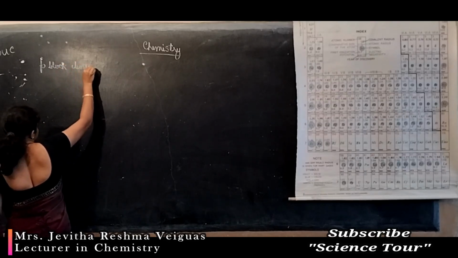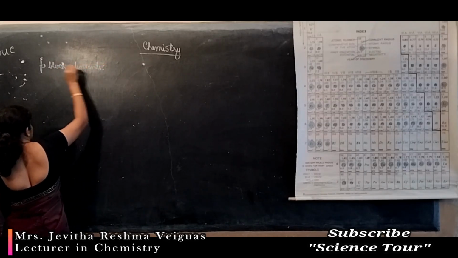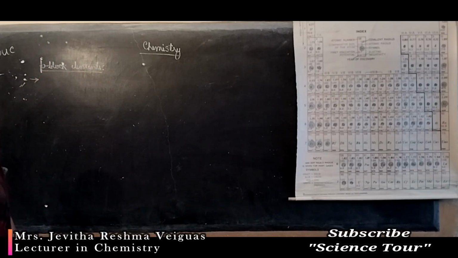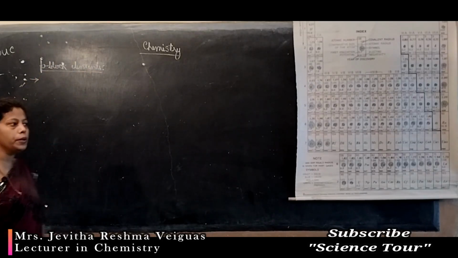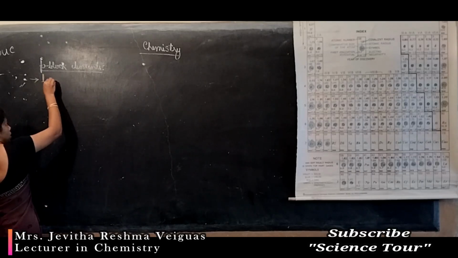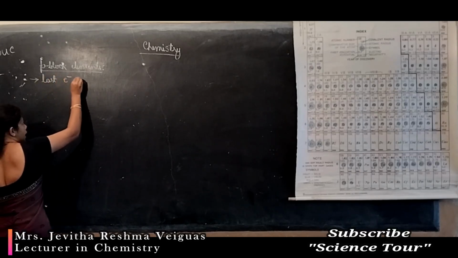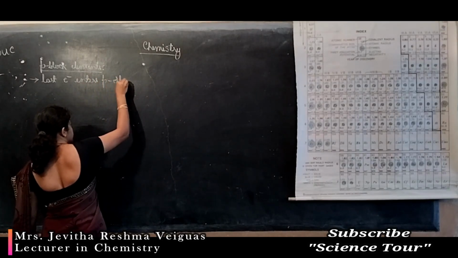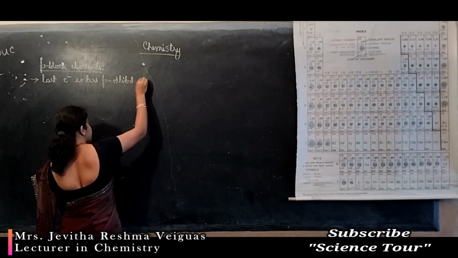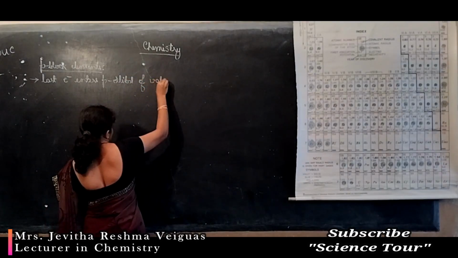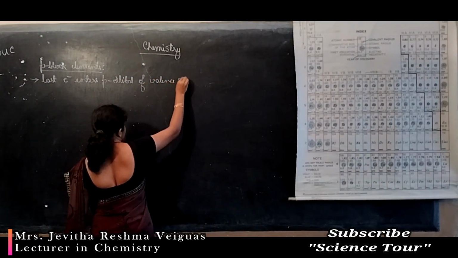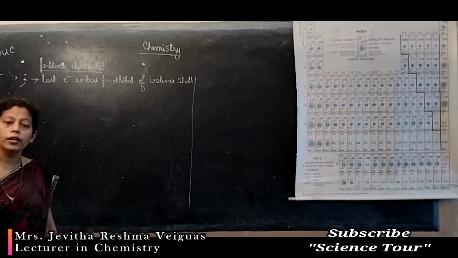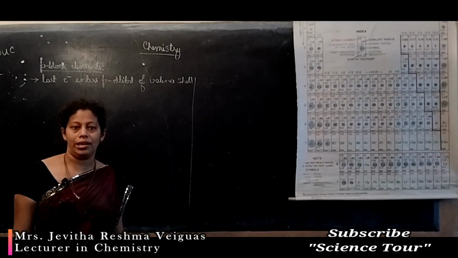P block elements are those elements in which the last electron enters the P orbital of the valence shell. Means here the last electron enters the P orbital of the outermost electronic shell.